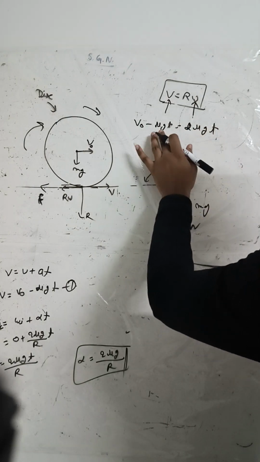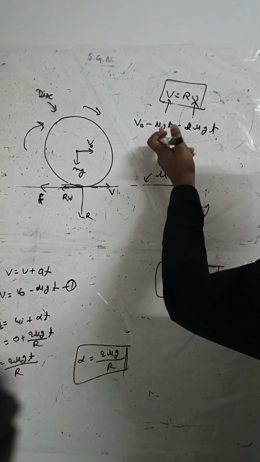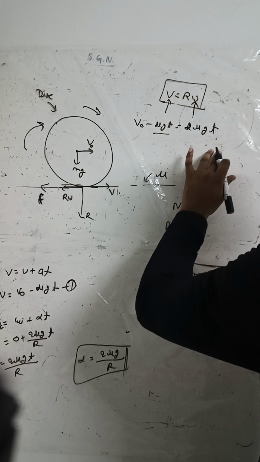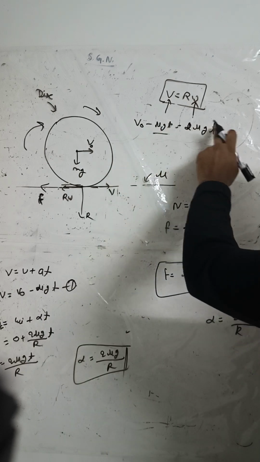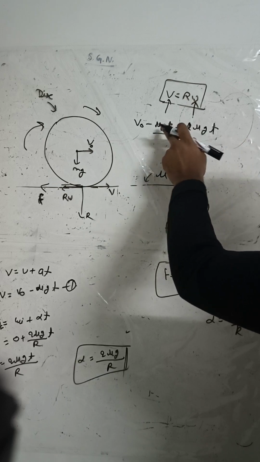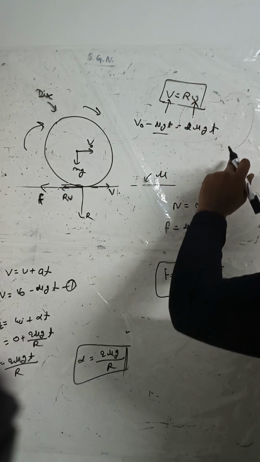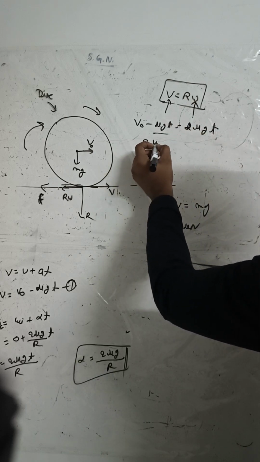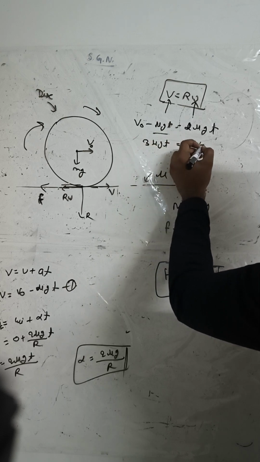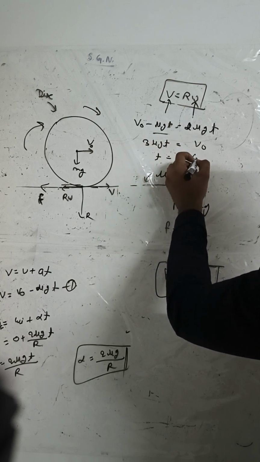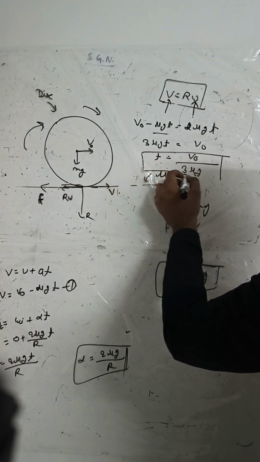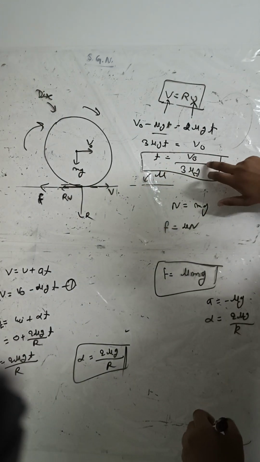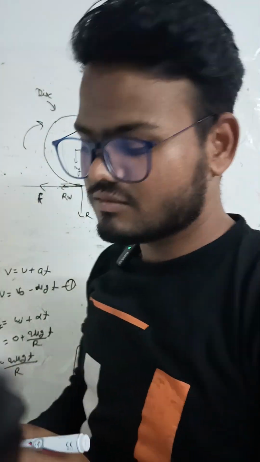Bringing the terms to one side, minus mu gt becomes plus mu gt, and 2 mu gt plus 1 mu gt equals 3 mu gt equals v naught. From here t equals v naught upon 3 mu g. So this is the time after which the body starts pure rolling motion.